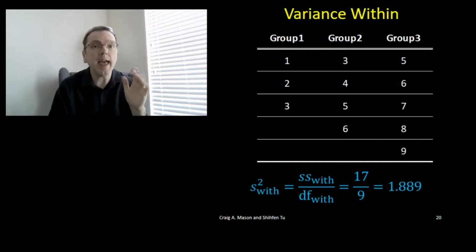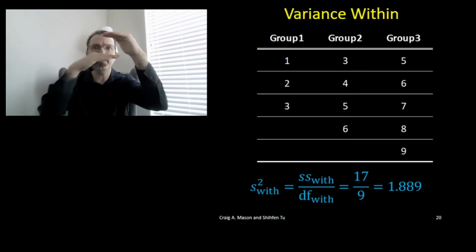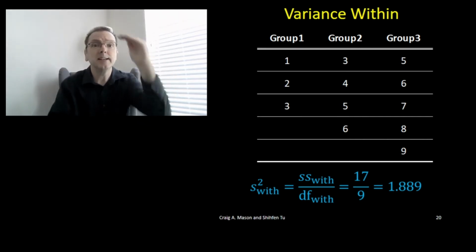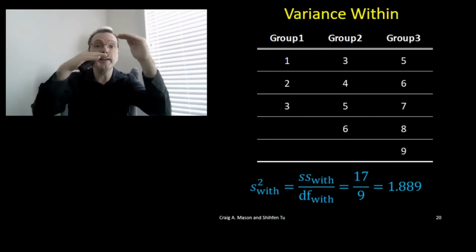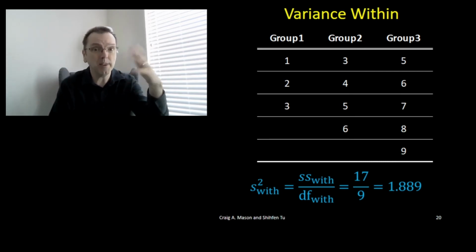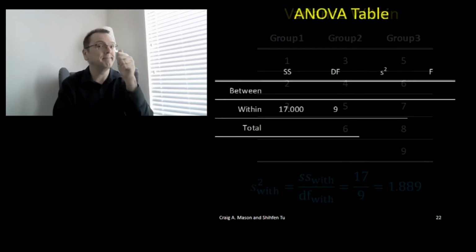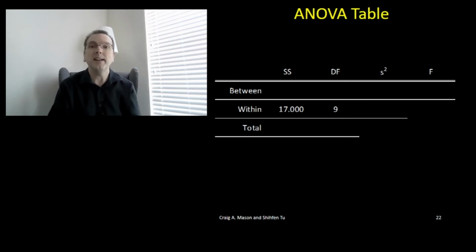And we get that by dividing the sum of squares within by the degrees of freedom within. So in this case, it's 17 divided by 9, which gives us 1.889, our within groups variance, or variance within. All right, so let's put that into our ANOVA table as well.